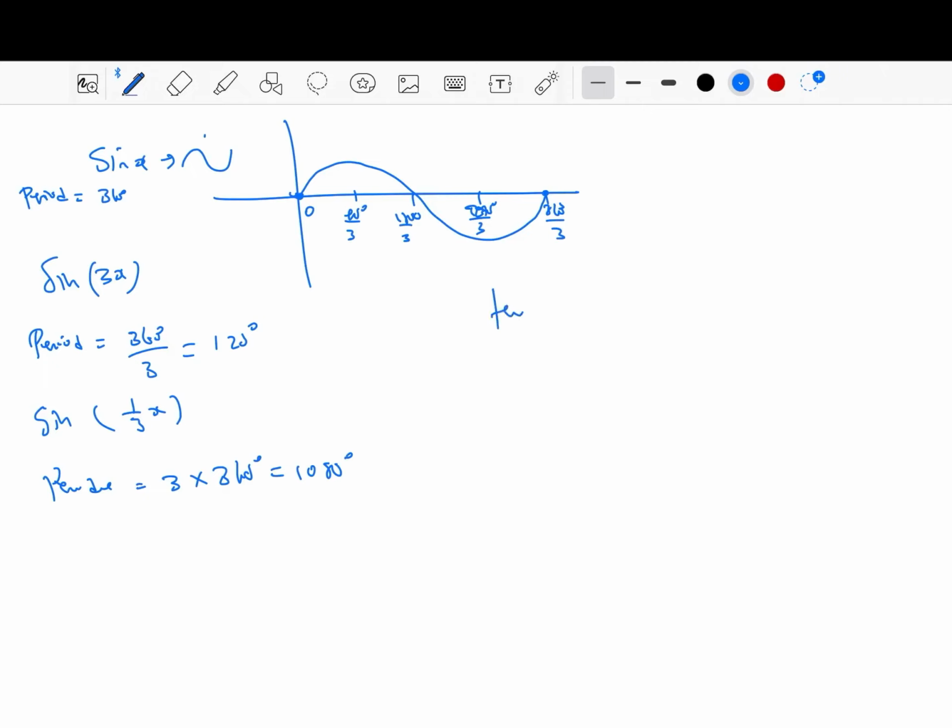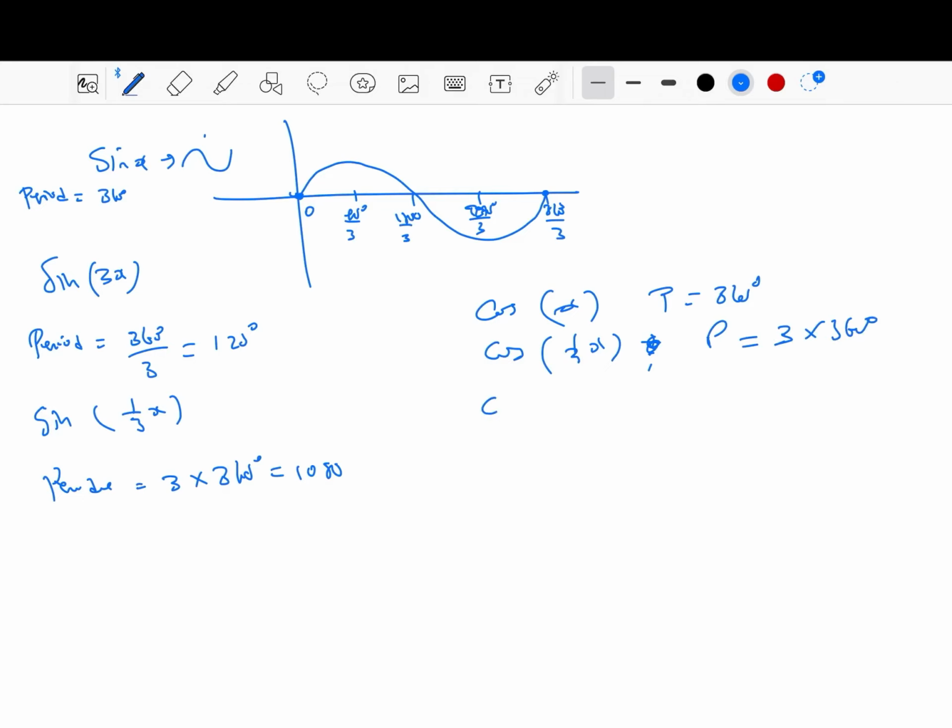So that's how you calculate the period. Let me go with cos. Cos x, same thing, right? I don't have to draw the graph for you, but same thing. Cos of x, the period, let's call it P for now, is 360 degrees. But for cos of 1 over 3x, the period is 3 times 360 degrees.